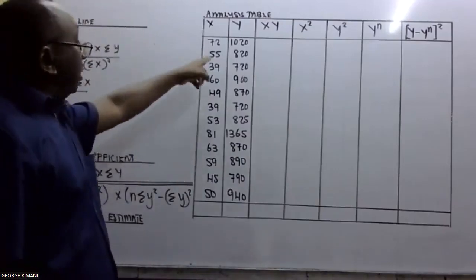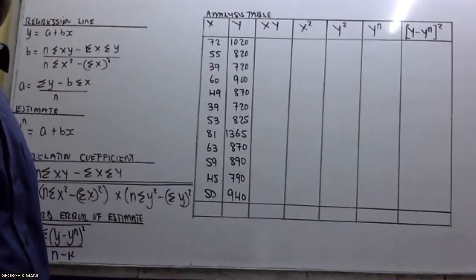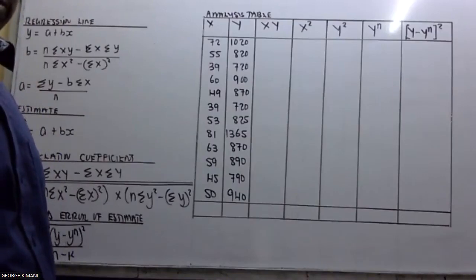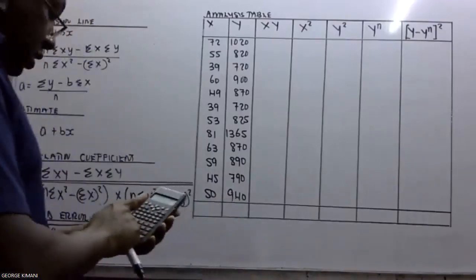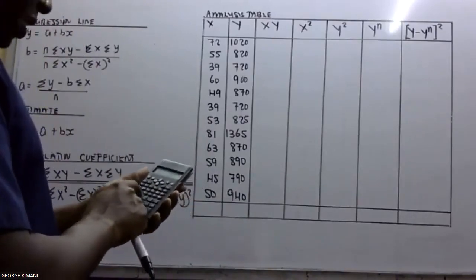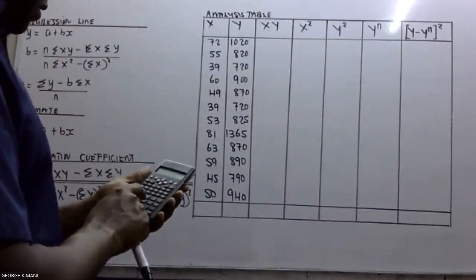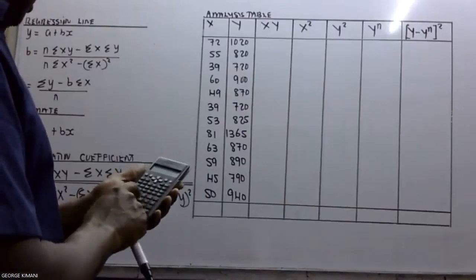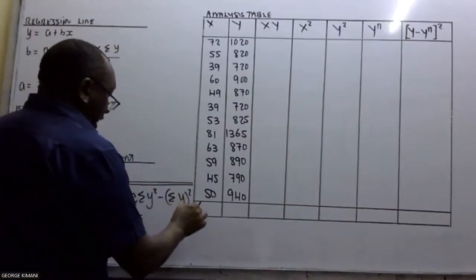Give me the total of X. I'm saying you take 72 plus 55 plus 39 plus 60 plus 49 plus 39 plus 53 plus 81 plus 63 plus 59 plus 45 plus 50 equals 665.